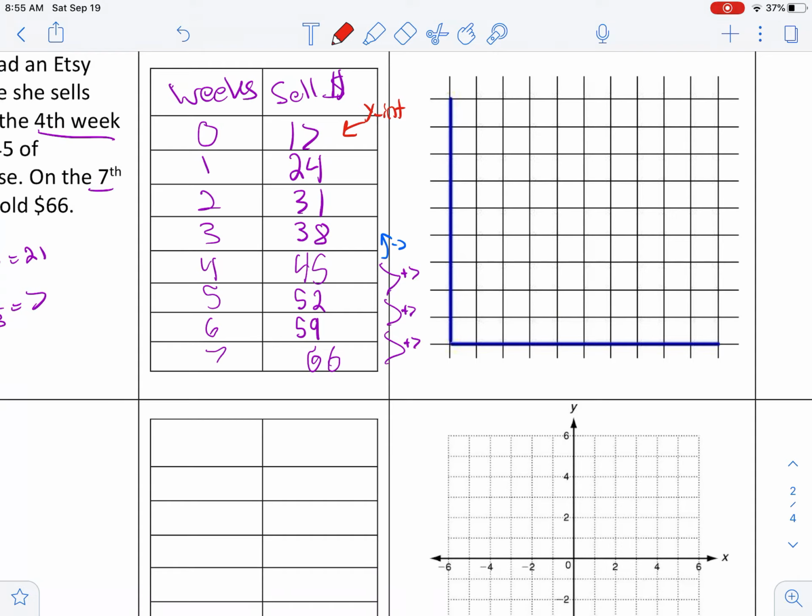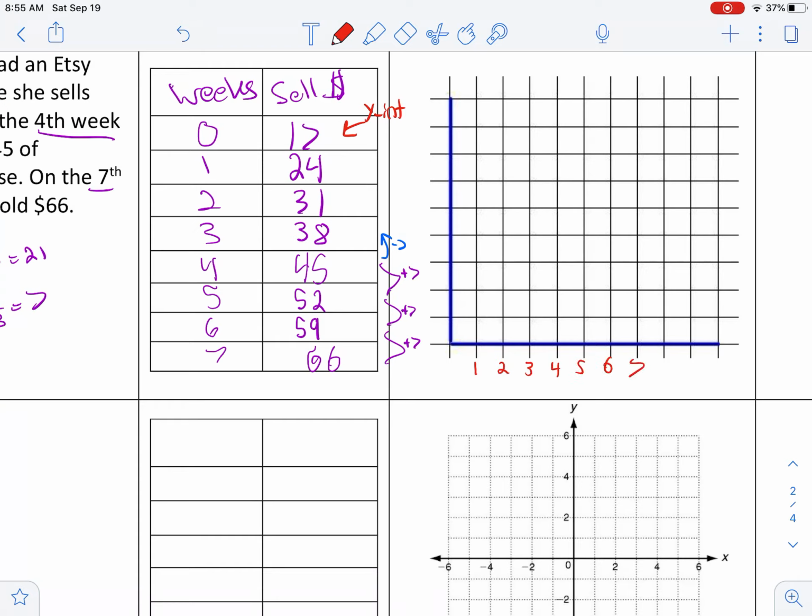So let's graph this. I want to start at 0 and then go all the way up to 7 or so. So let's see if I can fit that. 1, 2, 3, 4, 5. No, that's not big enough. So let's just go 1, 2, 3, 4, 5, 6, 7.